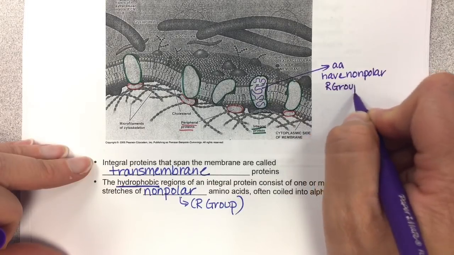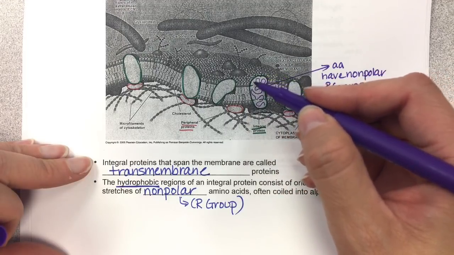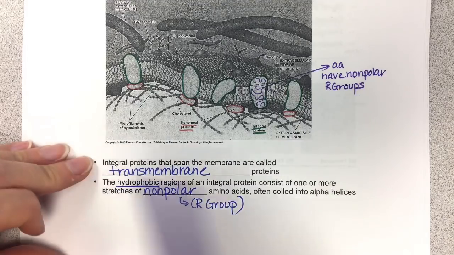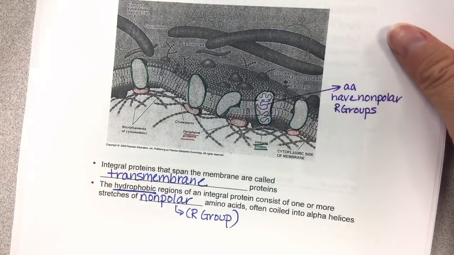And therefore, that's what makes this part nonpolar. So then we can conclude that this part and this part are polar R groups, right? And so that's what that means. So those are your integral proteins.